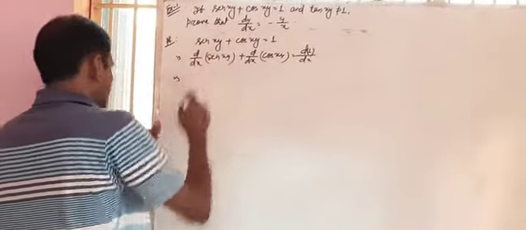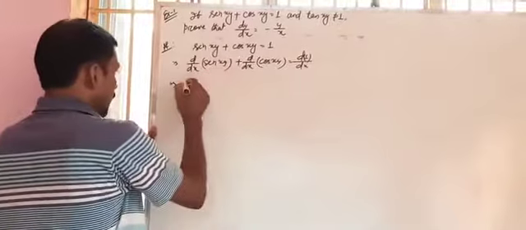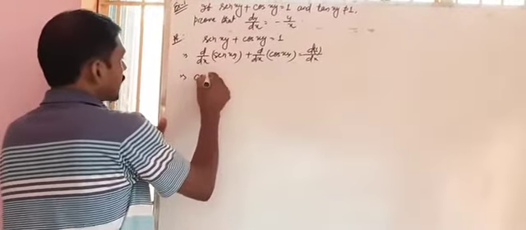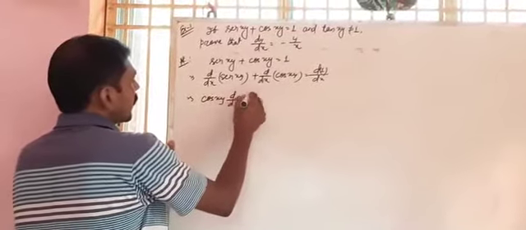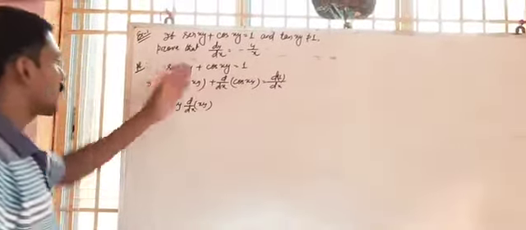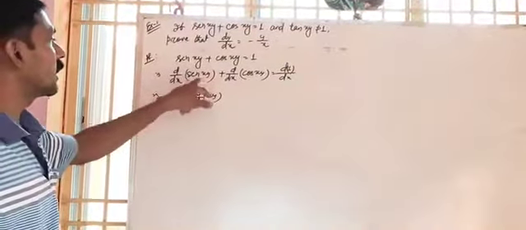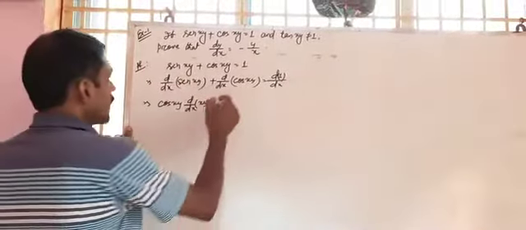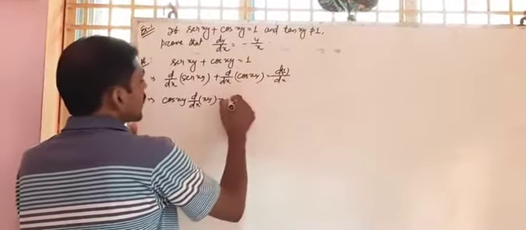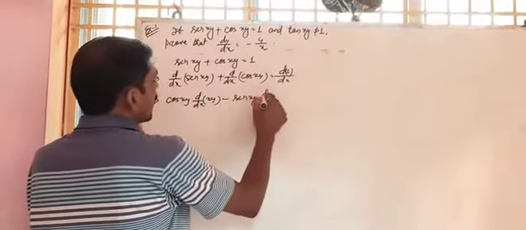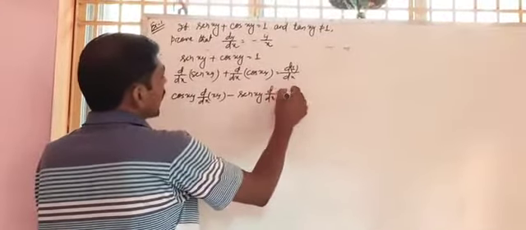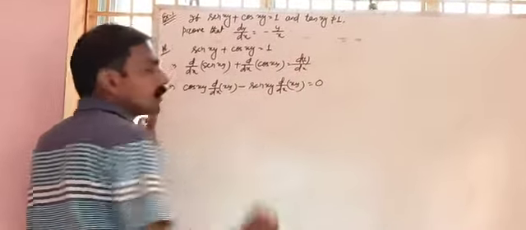Now first it is sin theta, so the derivative of sin theta is cos theta, and here theta is xy. So cos xy into the derivative of xy. Chain rule: the first function you leave as it is, then take the derivative of the inside. Similarly, the derivative of cos is minus sin, so it is minus sin xy into d by dx of xy, equal to 0, the derivative of a constant.